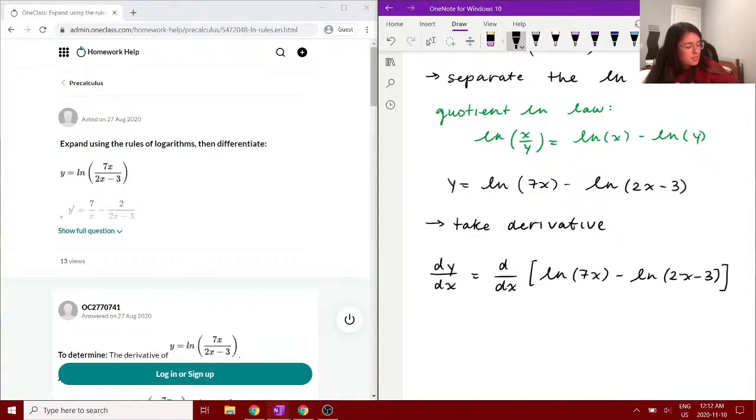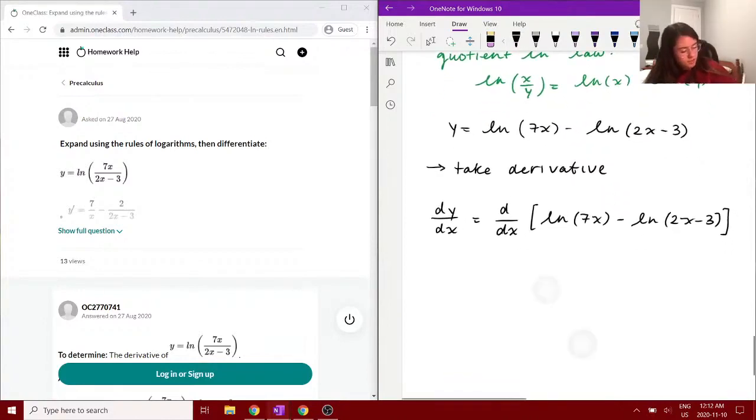And since these two are being subtracted, you can separate this derivative into d by dx of ln 7x minus d by dx of ln 2x minus 3.